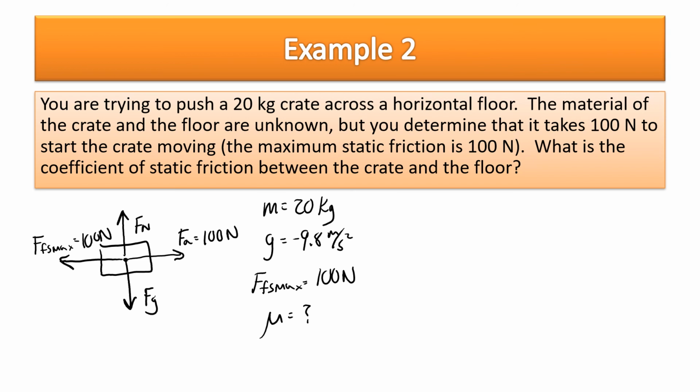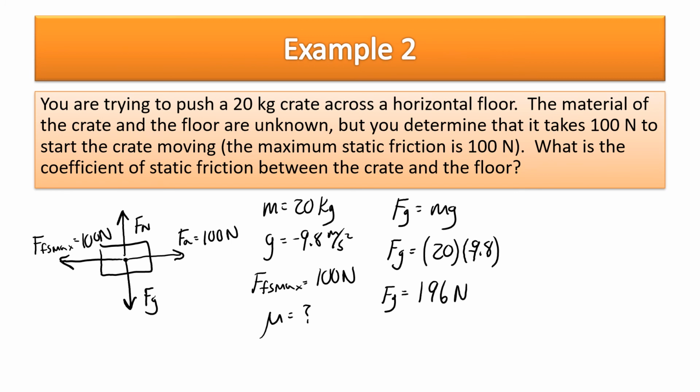So again, it's kind of a two-step equation. And this time I'm going to do it the lazy way. I'm just going to do Fg equals mg. Plug in the numbers. And you get a weight, a force due to gravity of 196 newtons going down.